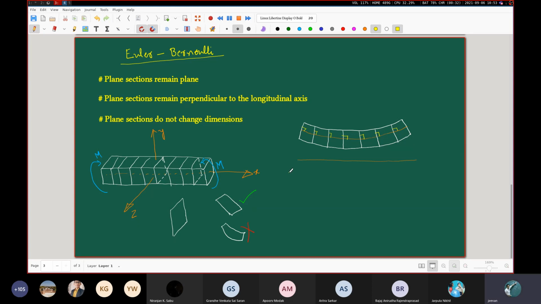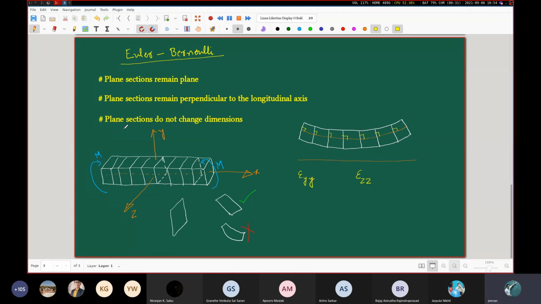So tell me, should there be a non-zero value of epsilon yy? And should there be a non-zero value of epsilon zz? Epsilon yy, epsilon zz. They denote the normal strains along the y direction and the z direction respectively.